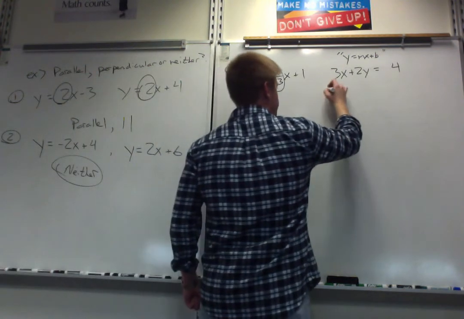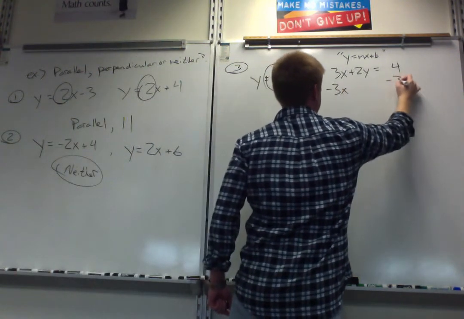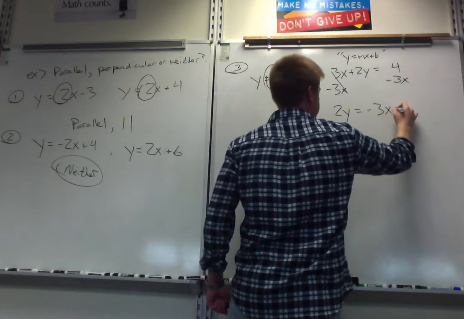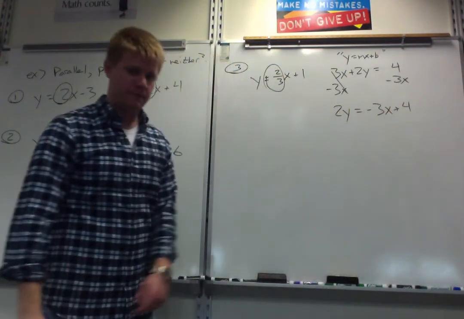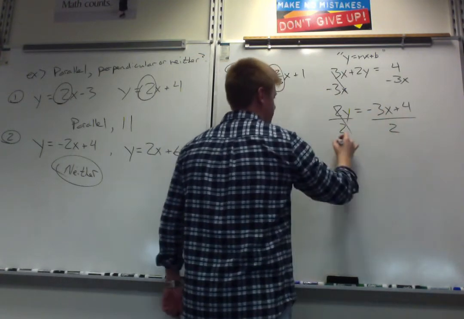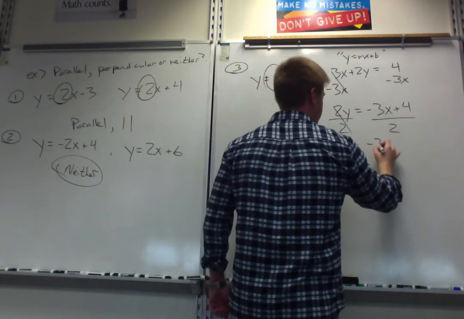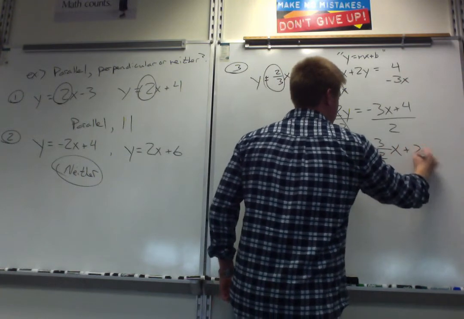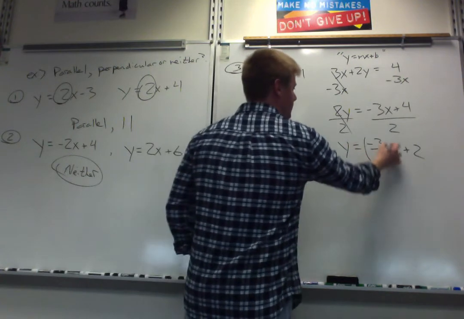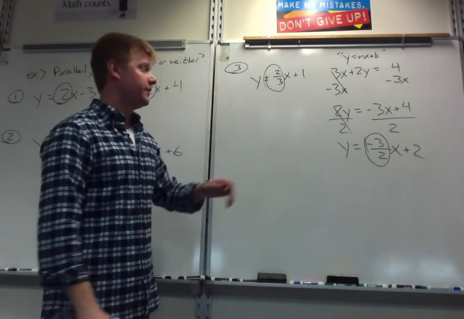So what I'm going to have to do here, I'm going to subtract 3x from both sides, and I get 2y equals negative 3x plus 4. Finally, I'm going to divide everything in the equation by 2, and now let's see what results here. I get y equals negative 3 over 2x plus 2. Now let's compare slopes. Alright, they're clearly not the same.